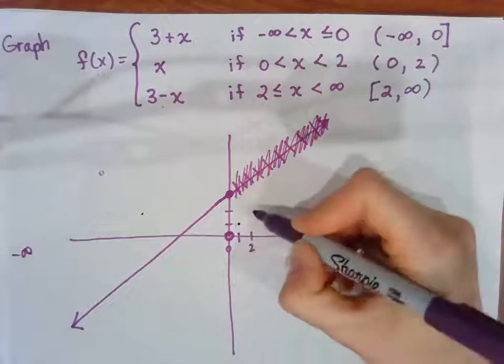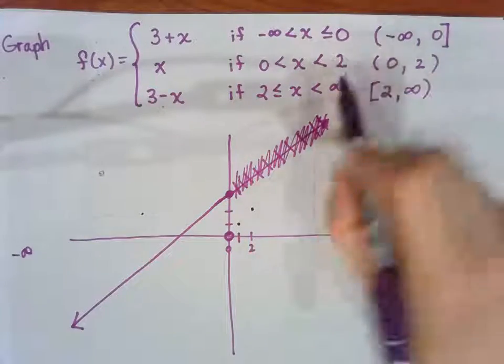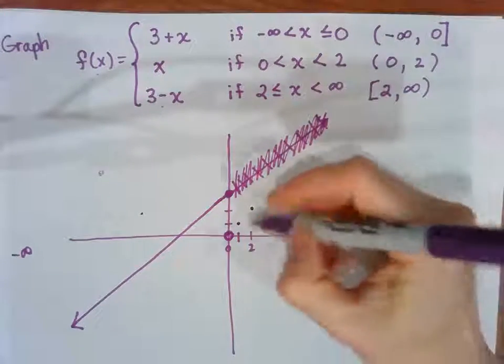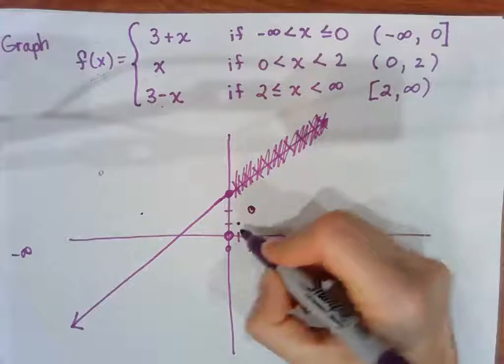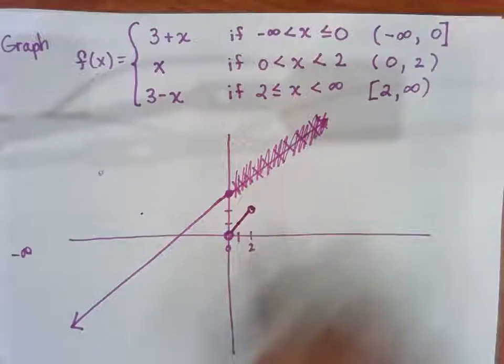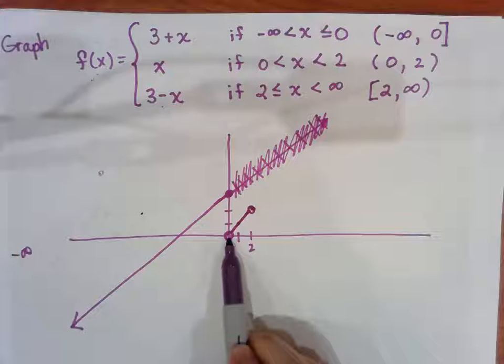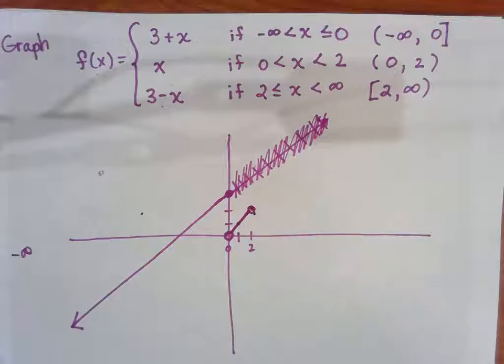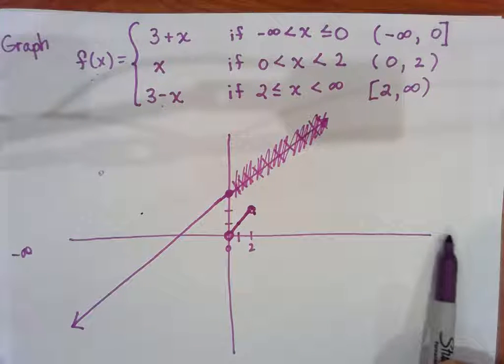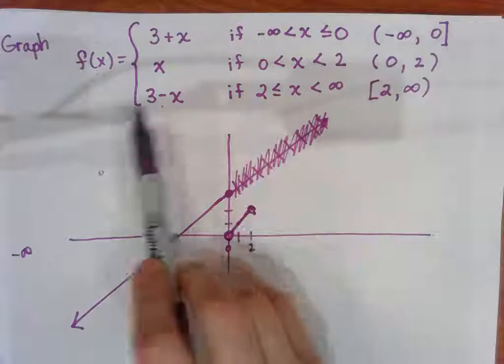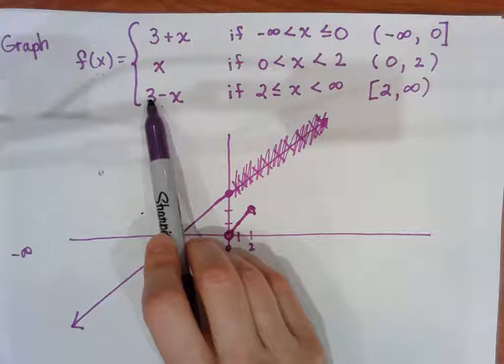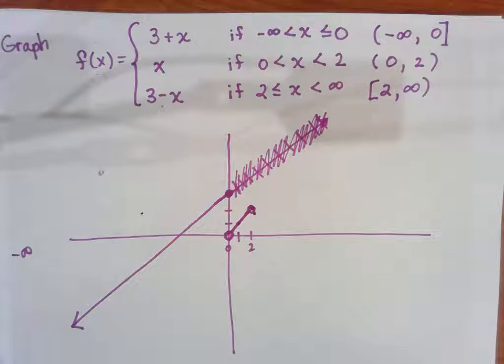So imagine it's got that point and that point on it, and now it's open at 2 as well, so we need to put a circle there. It doesn't actually include that point, and it doesn't actually include that point. It's just everything between those. And then from 2 beyond, we have the line that looks like 3 minus x.